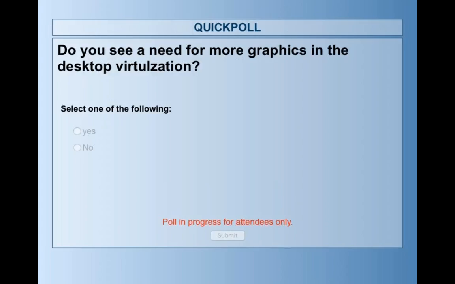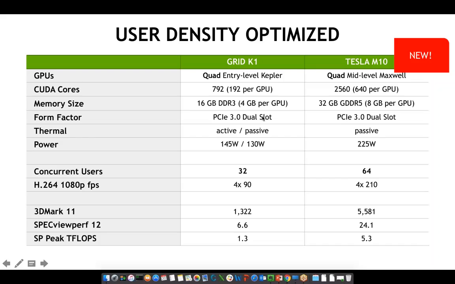Wow, overwhelming yes. So just to provide this feedback real time to those of you on the call, about 75% of you have chimed in, and we have a 95% yes on seeing a need for graphics within desktop virtualization. That's exactly what we're seeing with our market research.